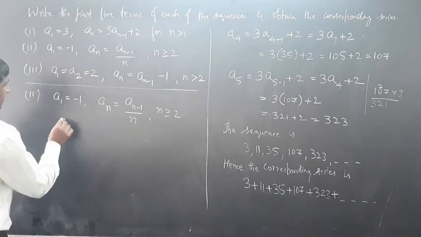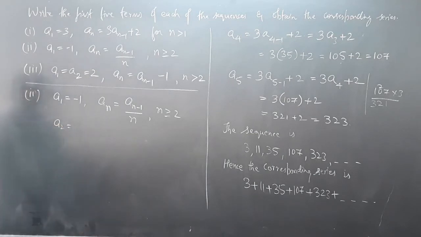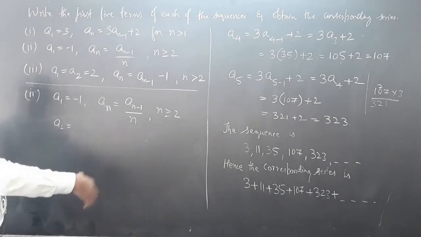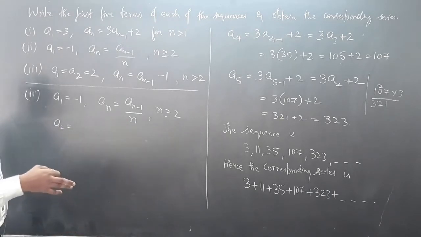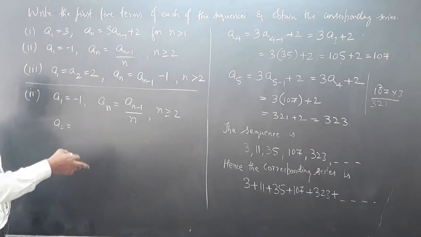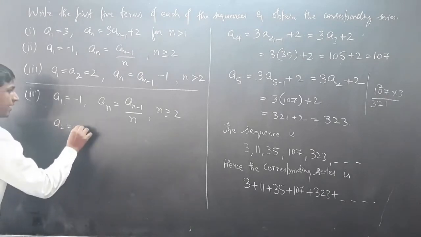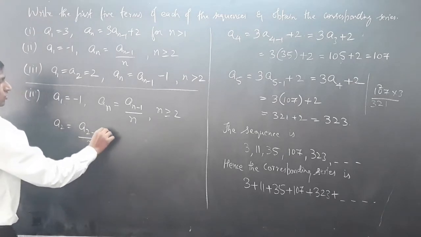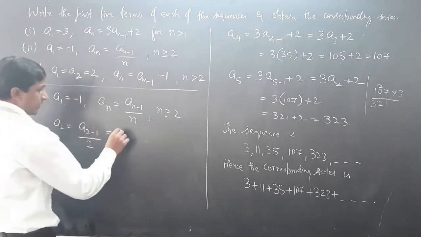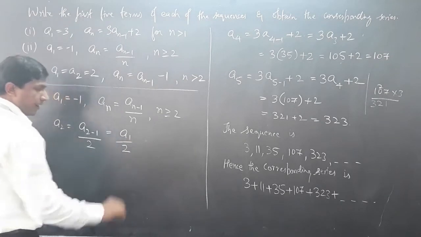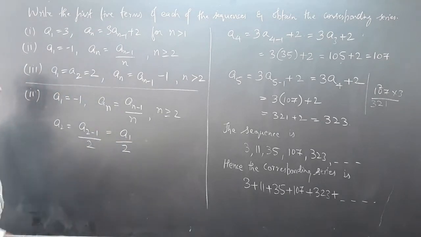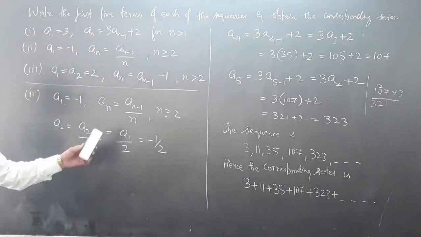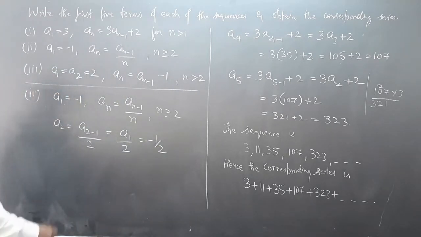Second term, a_2. You can pause the video, just like the previous problem, do it yourself, and then play it back again and check whether your answers match mine. a_2 is a_(2-1) by 2, which is nothing but a_1 by 2. a_1 is already given to be minus 1, so the second term we get is minus 1 by 2.